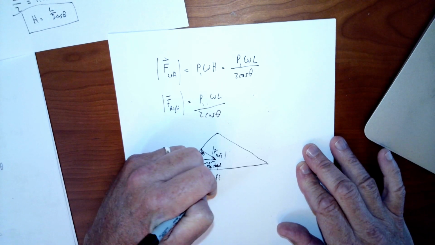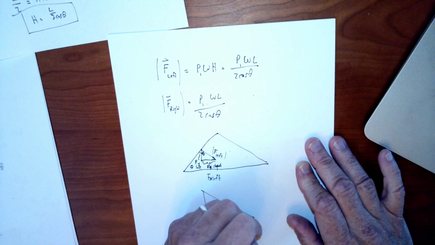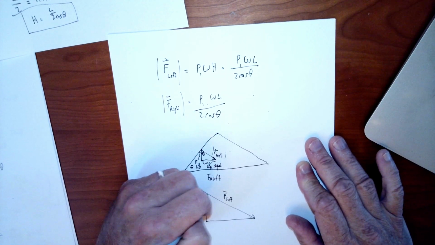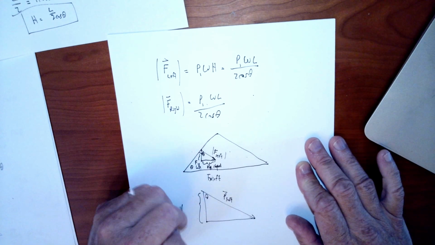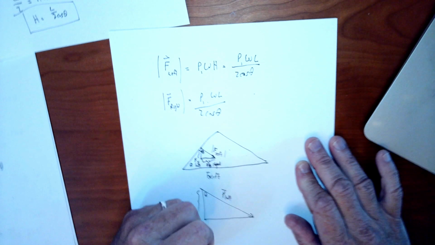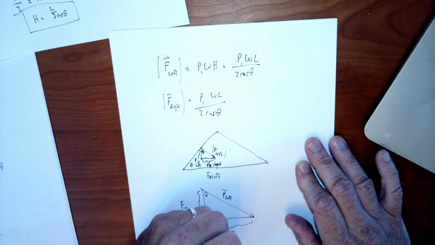Perfect. I said it perfectly backwards. All right, let me blow that up. So we have the magnitude here is F left. I've got theta here. This is F Y left. And this is F X left.